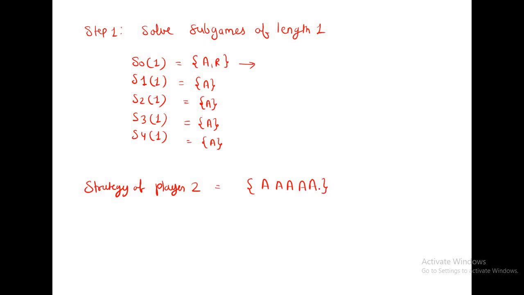This is the strategy of player 2 when the output of S01 is A. But what if the output of S01 is R? If the output of this subgame is R, then if we make the combinations, we can find the other strategy, which is R, A, A, A. So this is the another strategy for player 2. Now in the next step, we will solve the subgames of length 2.